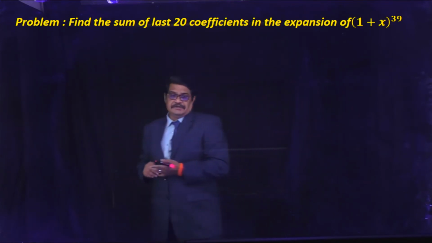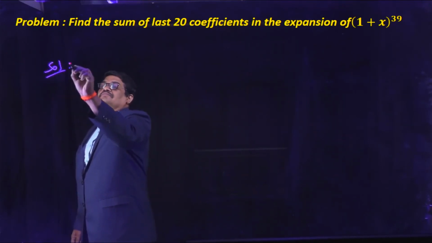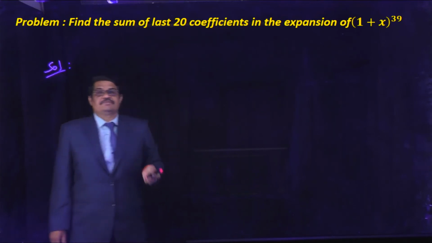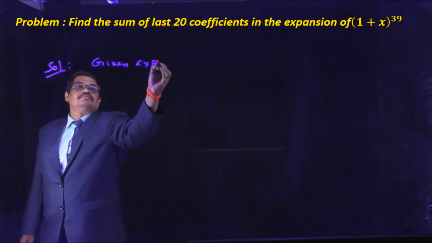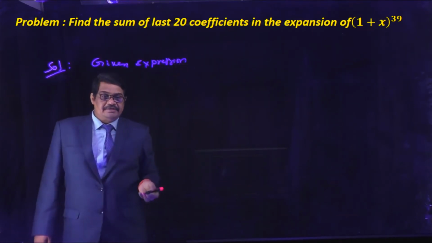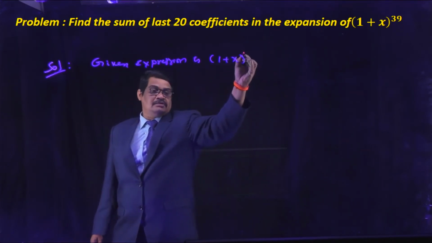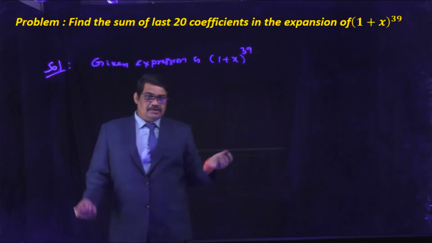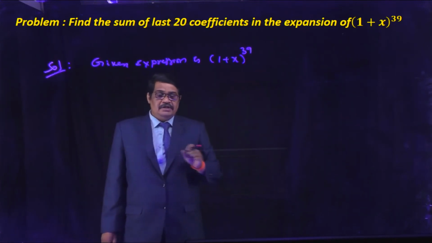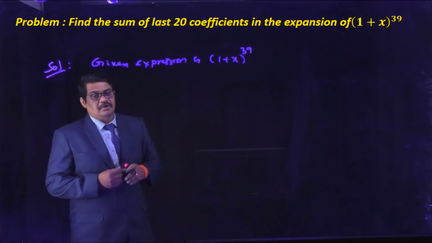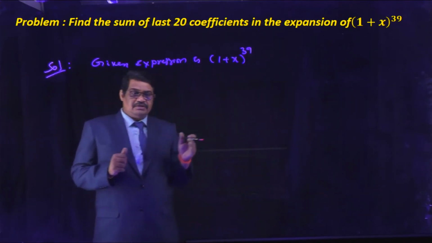See, this is the solution. The given expression is (1 + x)^39.